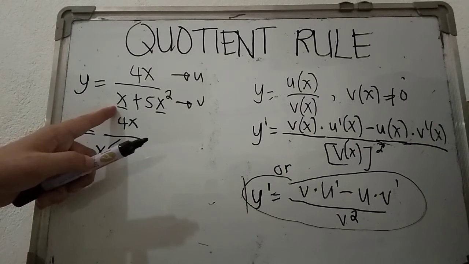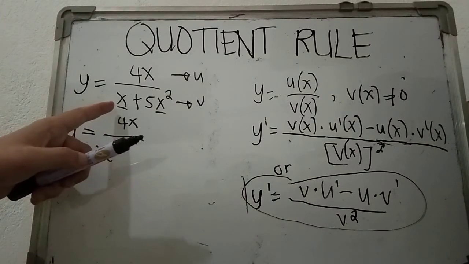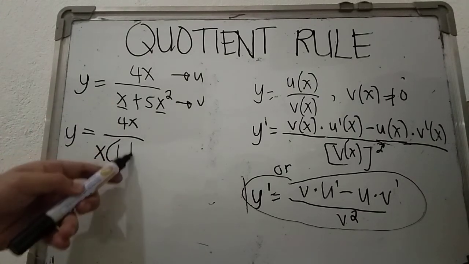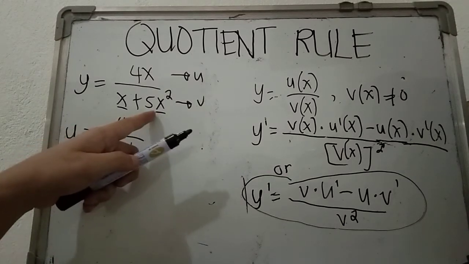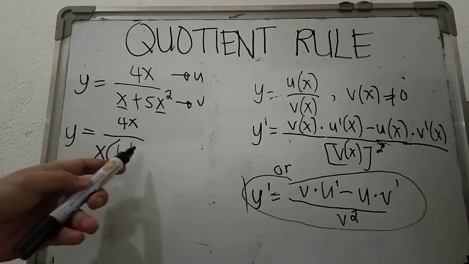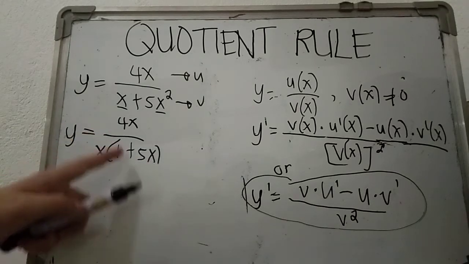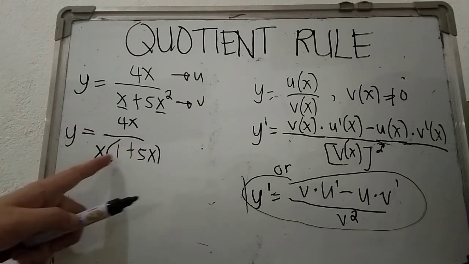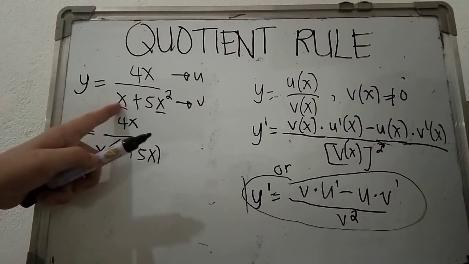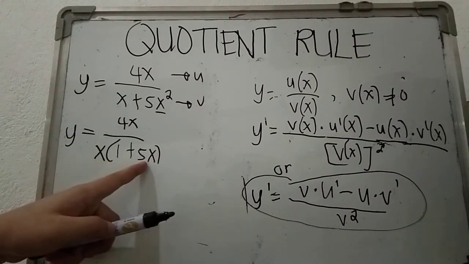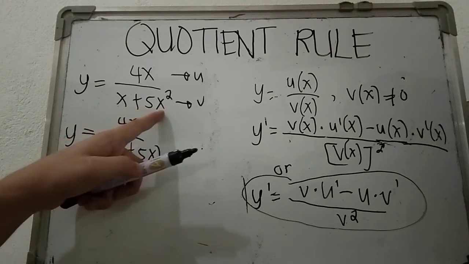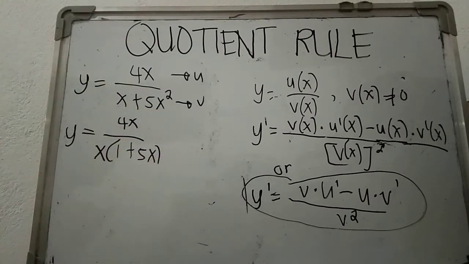What's left in the first term if we take the x? That's 1. Plus what's left on the second term if we take 1x, that will become 5x. Now if you distribute x to 1, x times 1, that's x. And then x times 5x, that will become 5x squared. So this and this one are the same.